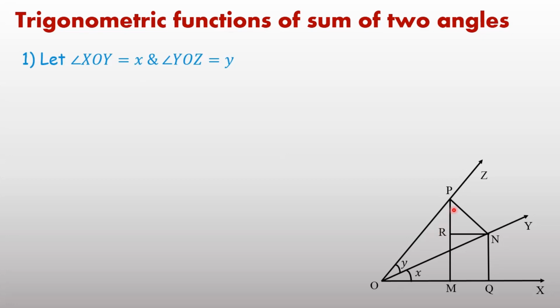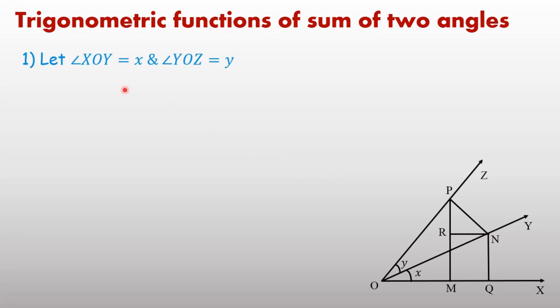After this, take a point P on ray OZ and draw a perpendicular from point P on OX, which is PM, and PN is the perpendicular on OY. Now from point N, draw perpendicular NR and second perpendicular NQ on OX.